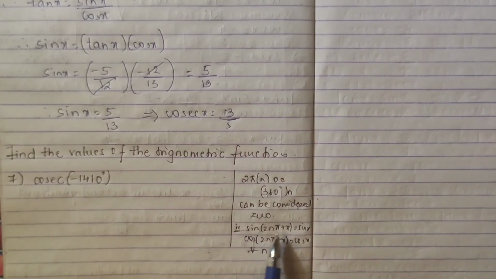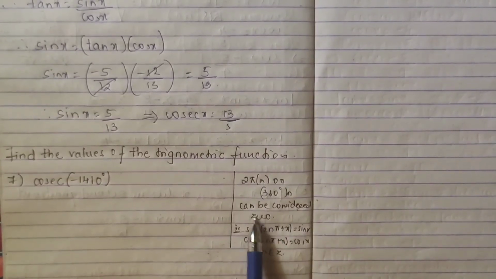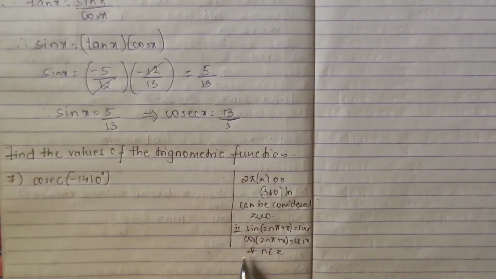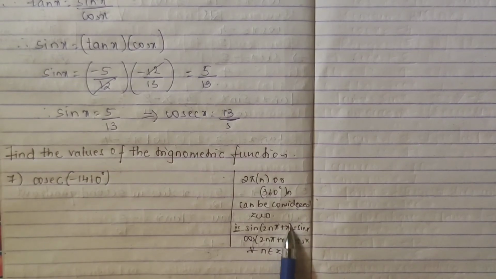So your 2n pi or 360 degree into n can be considered as 0. We will not take it as 0 but consider it, because ultimately sine of 2n pi plus x gives sin x only, so directly you are getting sin x.